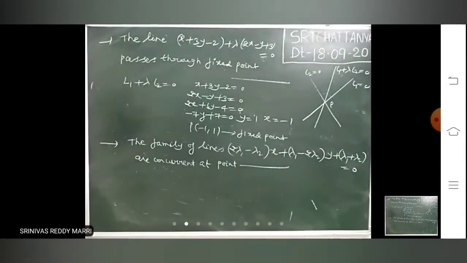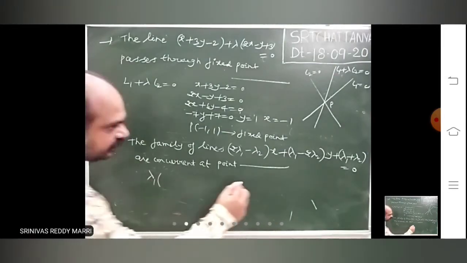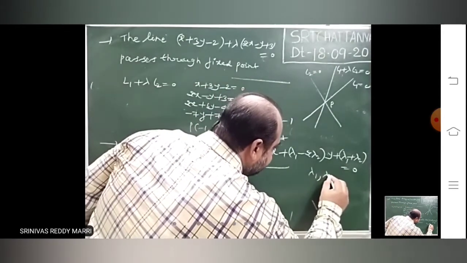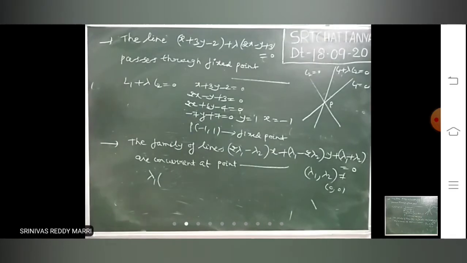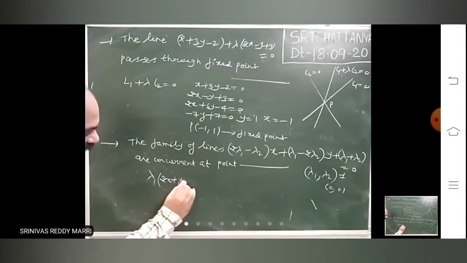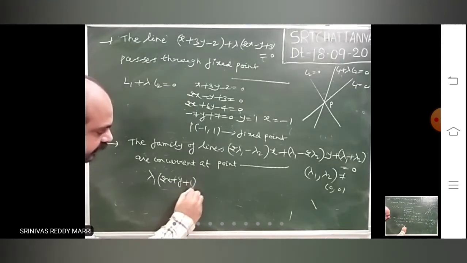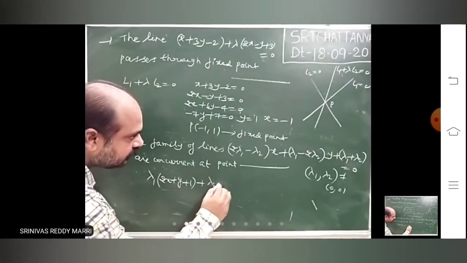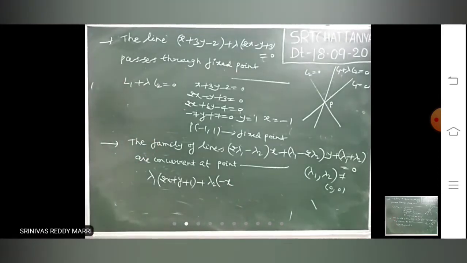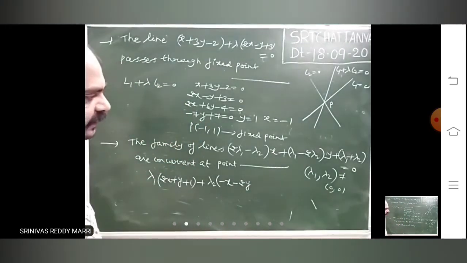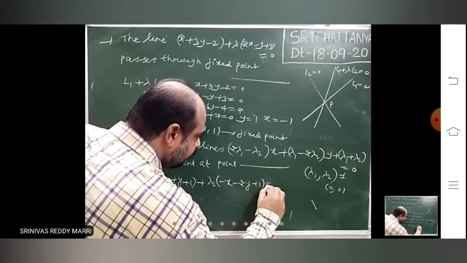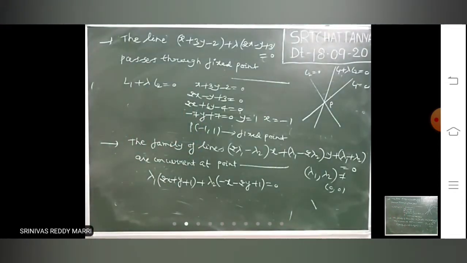Now if you observe this, take lambda 1 common. Lambda 1 and lambda 2 are both not 0. So lambda 1 times 2x plus y plus 1, plus lambda 2 times minus x minus 2y plus 1 equal to 0.